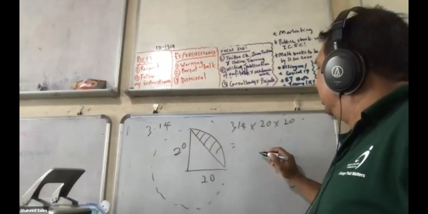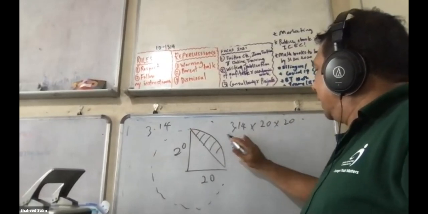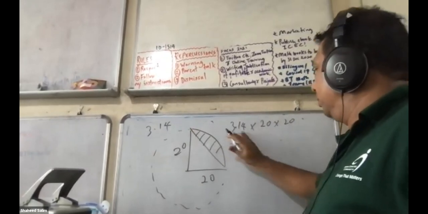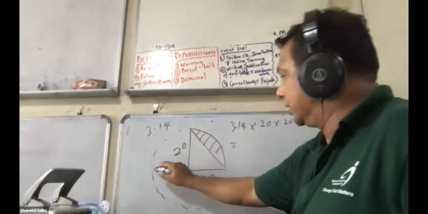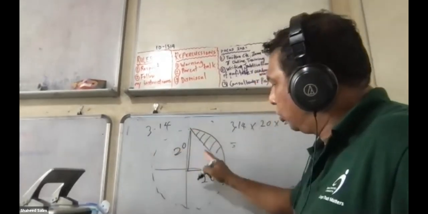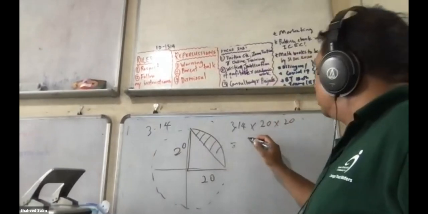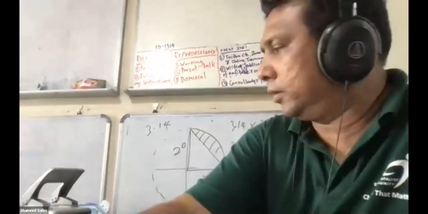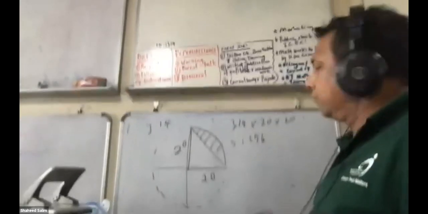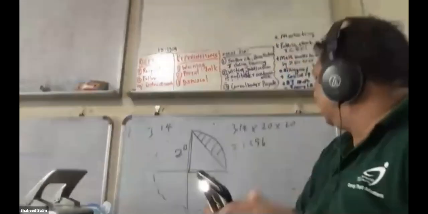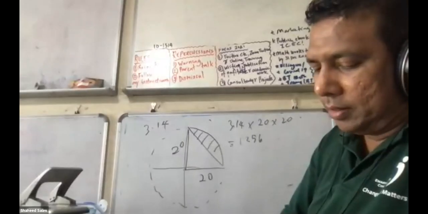So you get, and then you can divide by 4 straight. Okay, never mind. We find the full circle first. After that, you must divide by 4 to get a quarter. So you can use your calculator and get 1256. Confirm. Hold on, just let me check.